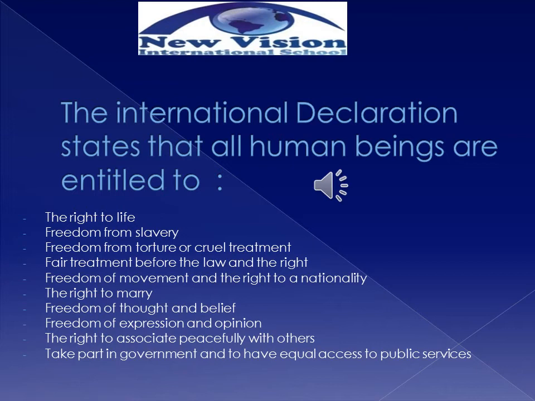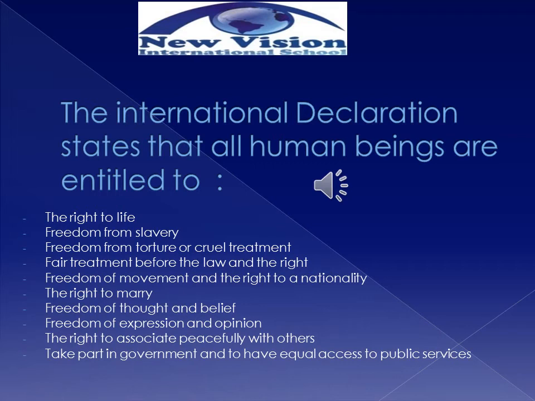And the third one is freedom from torture or cruel treatment. Number 4, fair treatment before the law and the right to be assumed innocent until shown to be guilty by trial. Number 5, freedom of movement and the right to a nationality.